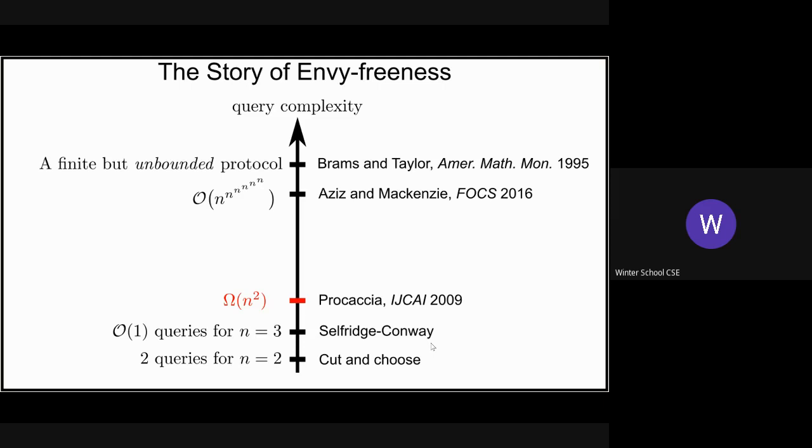So there is a massive gap in terms of the upper and lower bounds that we know for the NV-free cake cutting problem. It's as big a gap as you see in any combinatorial problem that you commonly encounter. So I think this is a fabulous open problem to work on. A challenging open problem, but I think also a very rewarding one.